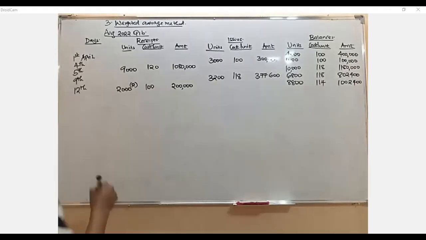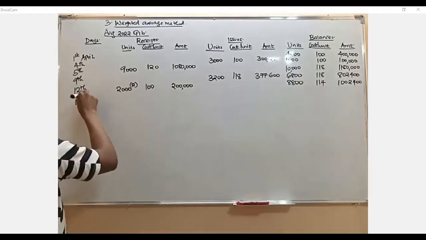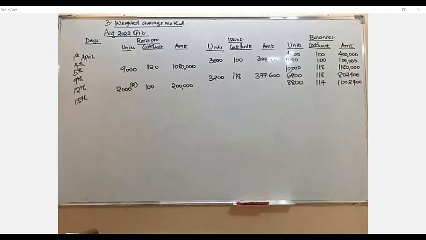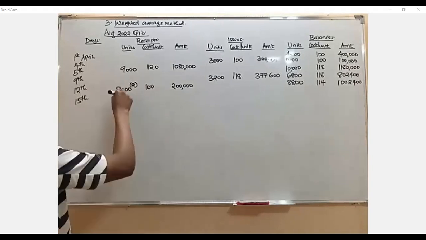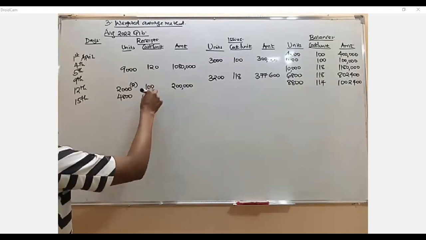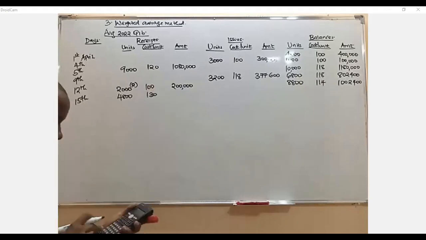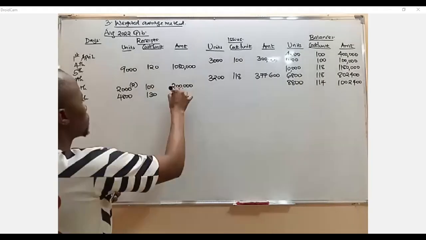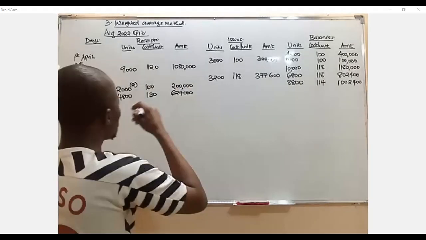So that is on 15th. On 15, we were able to purchase how much? 4,800 by 130, getting 624,000. Take it to store, right?